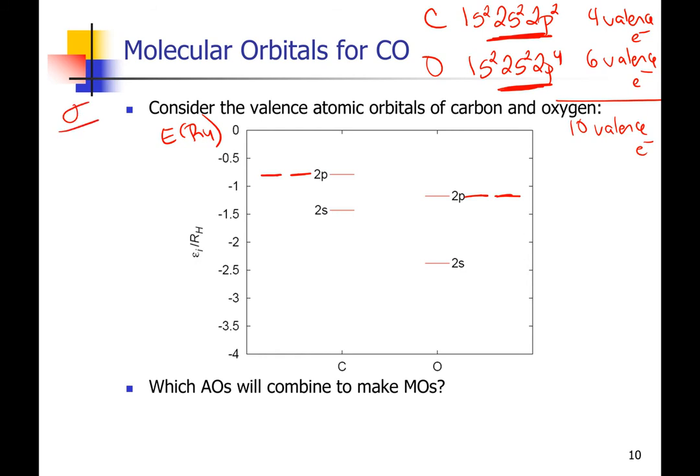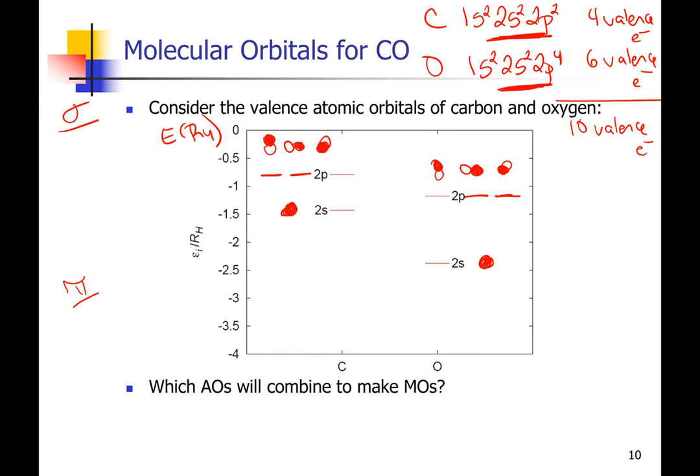So we have the sigma category and the pi category, and our 2s atomic orbitals look like spheres, and our 2p atomic orbitals, each atom has an up and down, a left and right, and a forward and backwards, and same for oxygen. The phases are completely arbitrary. All that matters is relative phase within a particular atomic orbital.